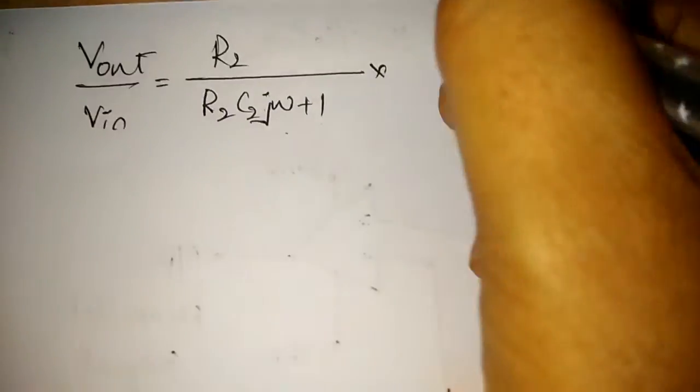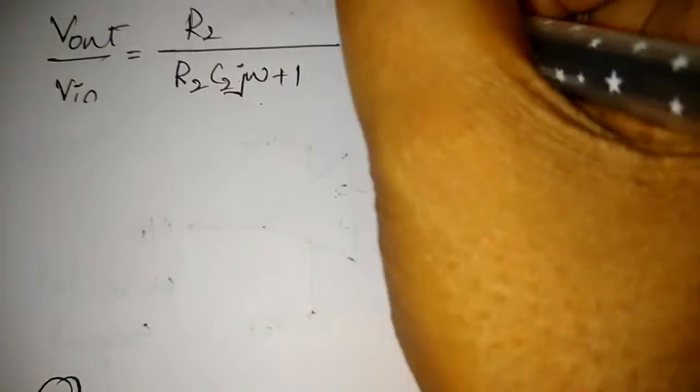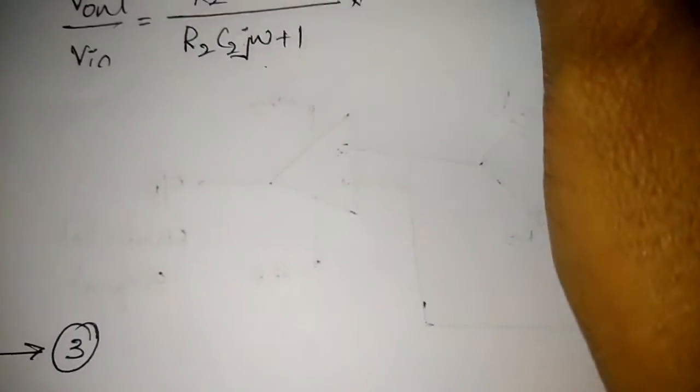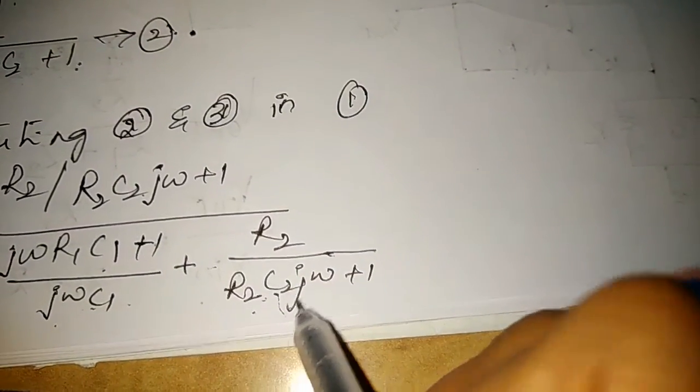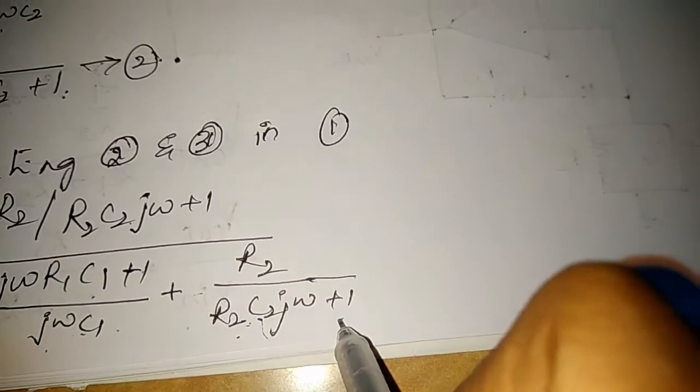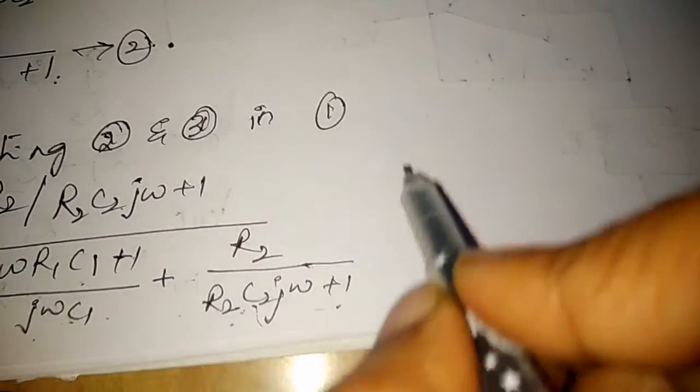So you will get j omega C1 into 1 plus j omega R2 C2, isn't it? LCM for this is j omega C1 R2 C2 j omega plus 1. So this will go to numerator.